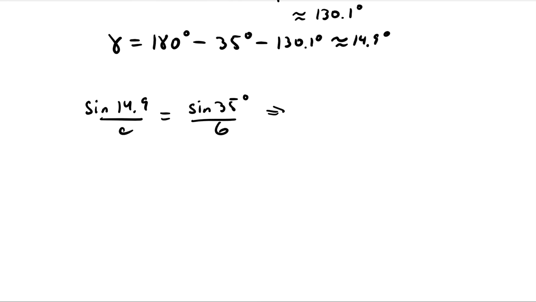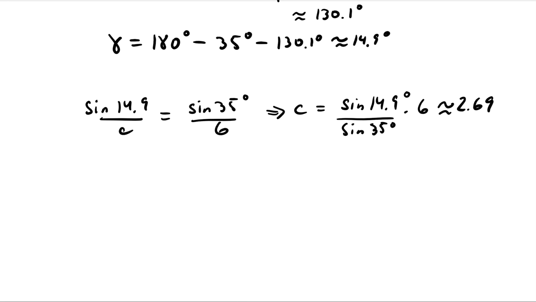Solving for C, C is going to be sine of 49.9 over sine of 35 degrees times 6, and that's approximately 2.69.